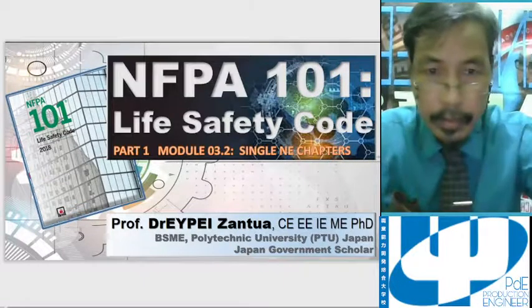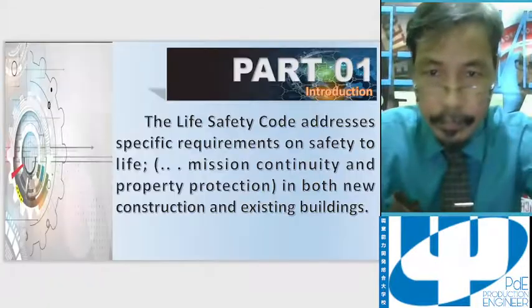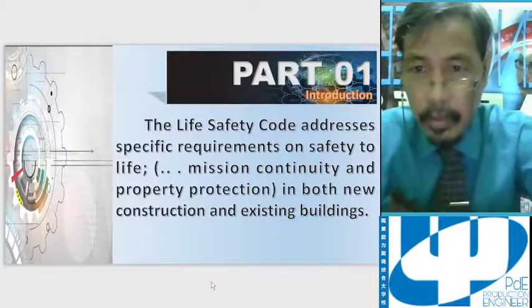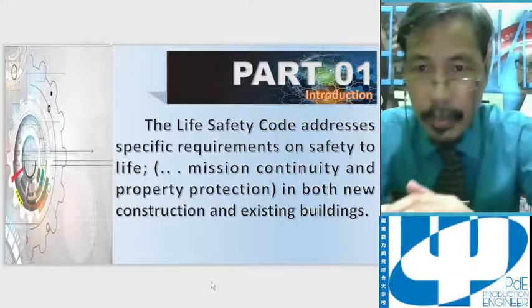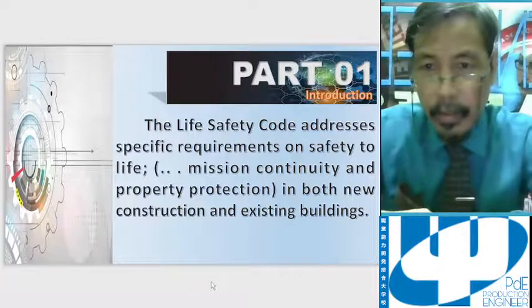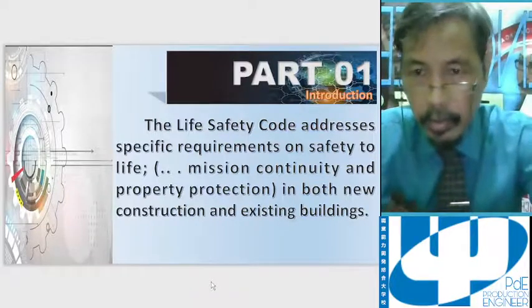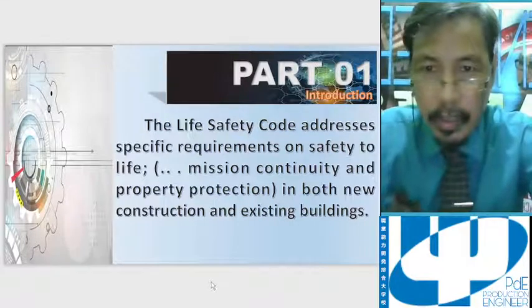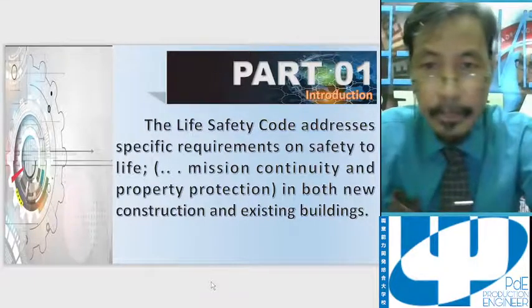Let us start again with the goal of the code, which is the Life Safety Code addresses specific requirements on safety to life, mission continuity, and property protection in both new construction and existing buildings.